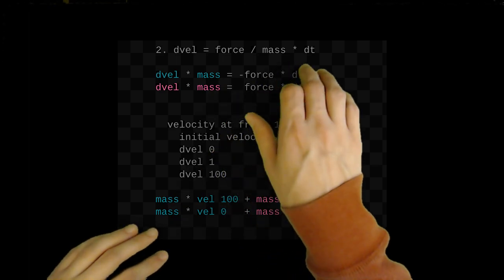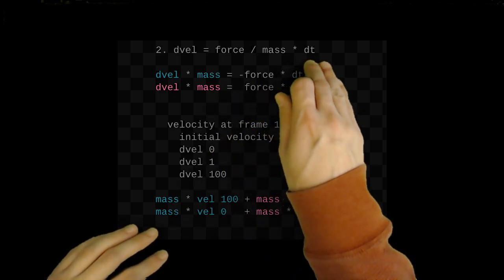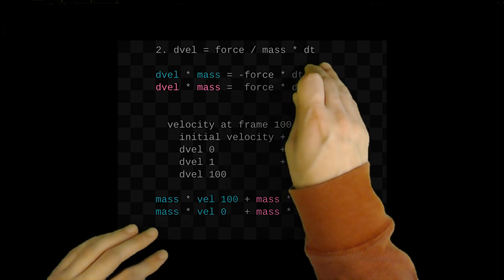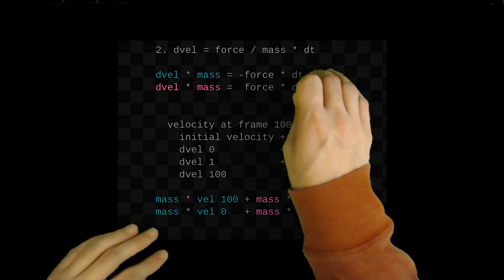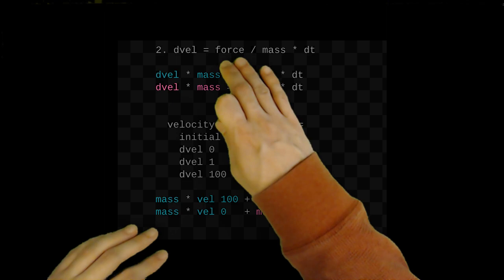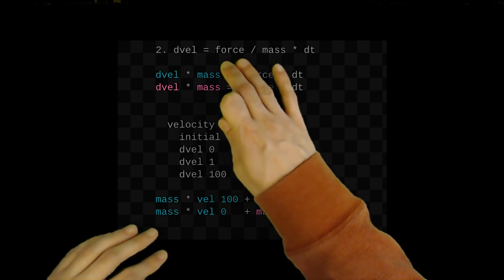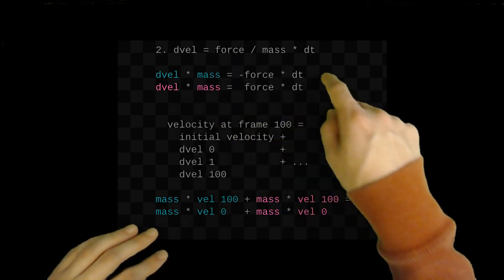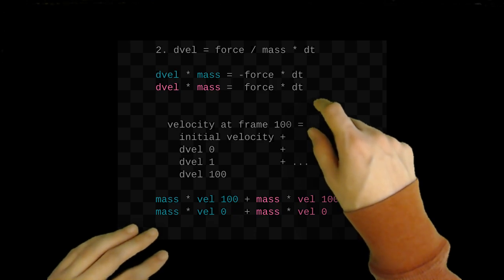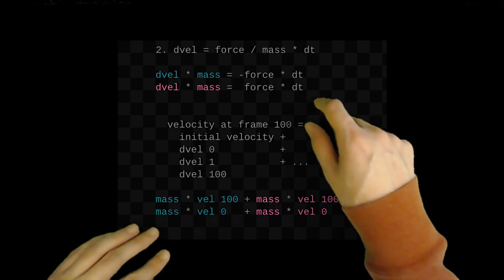We know that dt is the same for each time step. And we know that at each time step, the forces between the red and the blue objects are equal and opposite in sign.